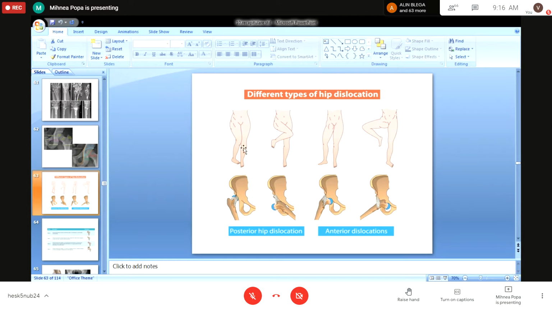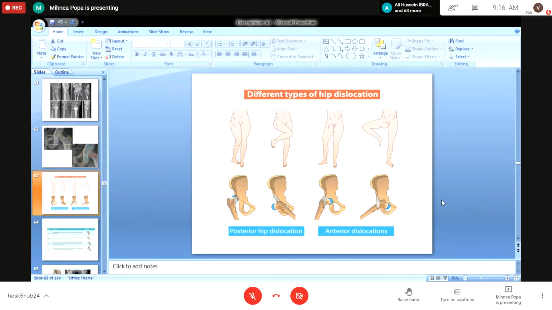If it's superior, then the lower limb is extended, and if it's inferior, then it is flexed. When we speak about luxation in the anterior part, again, we will have superior and inferior. Both of them will be in external rotation and abduction. And when it's superior, the lower limb is extended, and when it's inferior, it's flexed.